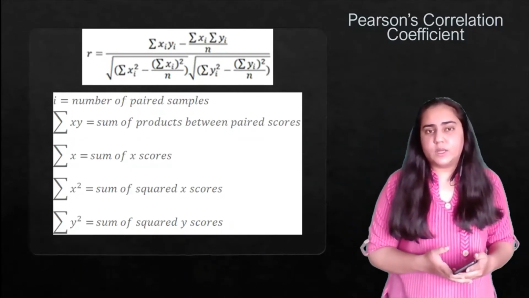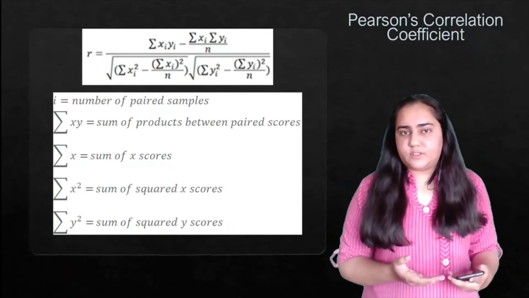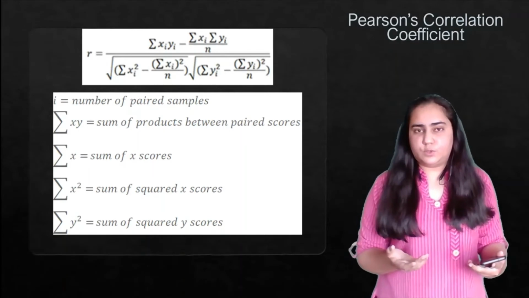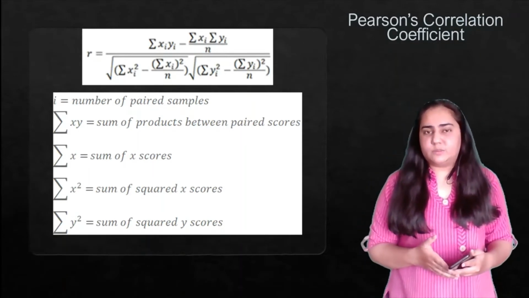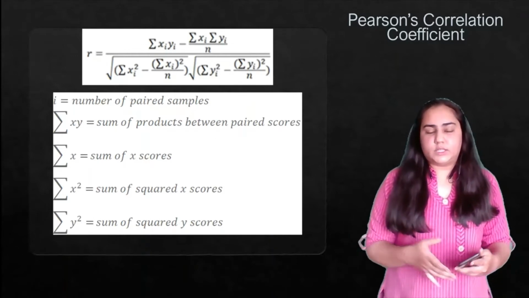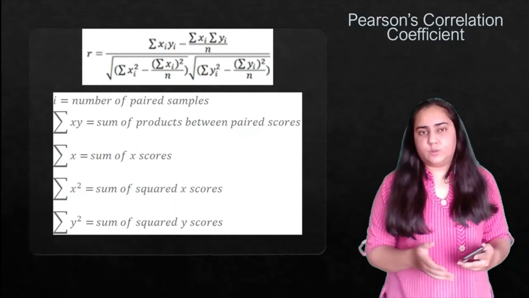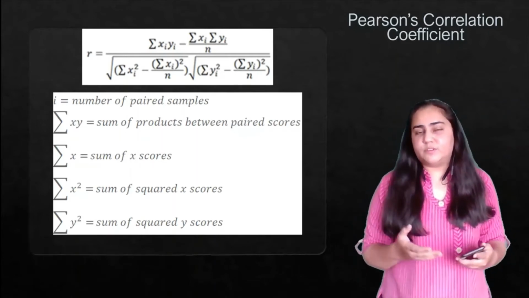And sigma xy is the sum of products between the paired scores, which means age and income. So we will be just multiplying each age with income and taking the sum of that. So that would be sigma xy. Then we have sigma x, which is the sum of x scores.